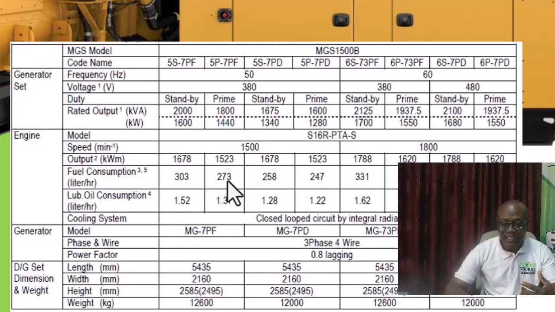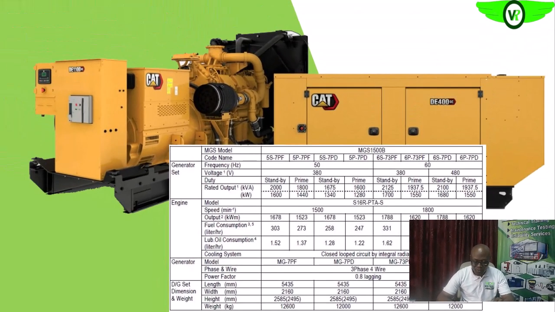The one that will be consuming less diesel or less fuel and still be able to give you the same amount of power, I think is better for you. So you consider every other thing and then make your final decision and select the generator that you actually want.